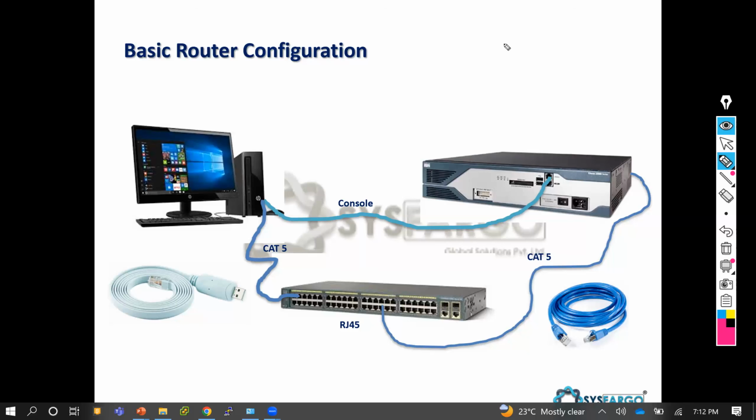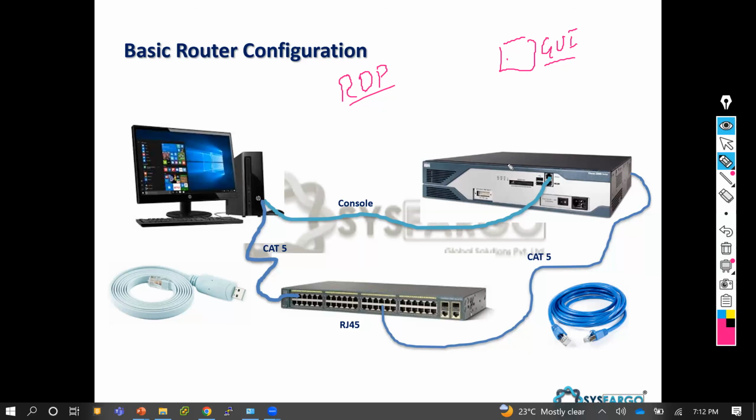If a device has a graphical operating system, GUI, graphical user interface, then we use the RDP protocol, remote desktop protocol, to access any device remotely, graphically. For example, you have a Windows Server in the data center and I want to access it from here. Then I use the RDP protocol, remote desktop protocol.